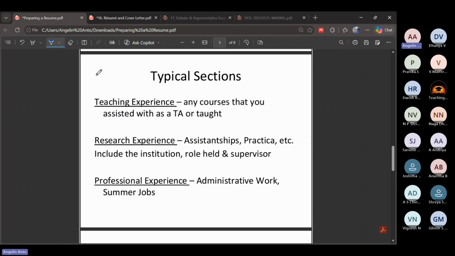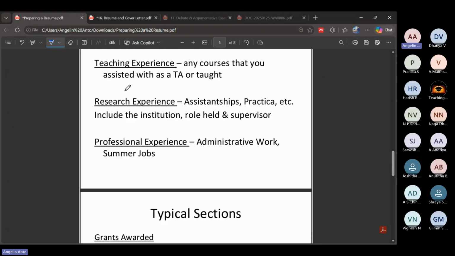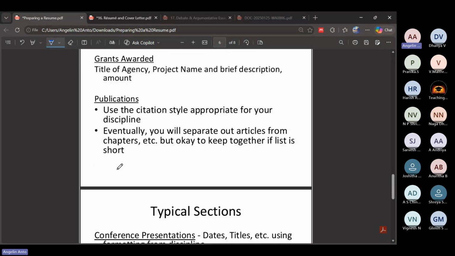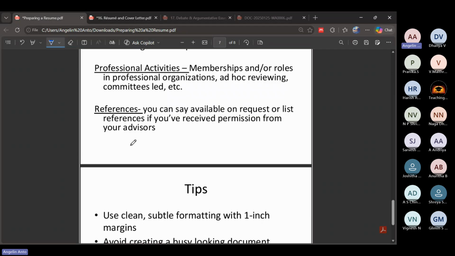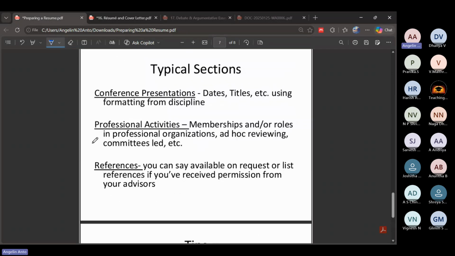If you're applying to a college, then according to that, you make up some experience which looks nice for them. This is fine. We talked about all of this. References: this is also an important section which you might be asked to add at the end.